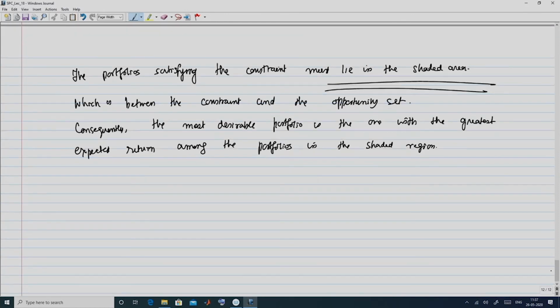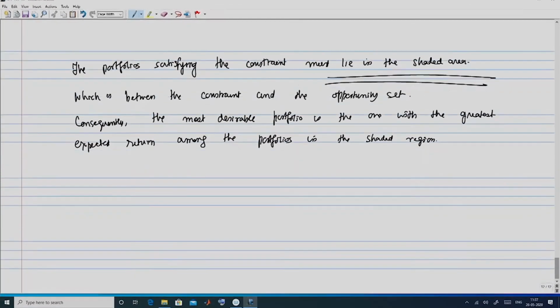So, this means that the portfolios in the shaded region are the ones which satisfy the Telser's constraint, and once you have the collection of all the portfolios that satisfy the Telser constraint, you then have to look at the objective of the Telser's criteria, which is maximization of the expected return. So, amongst those lying in the shaded region, the most desirable portfolio is going to be the one which has the highest expected return.